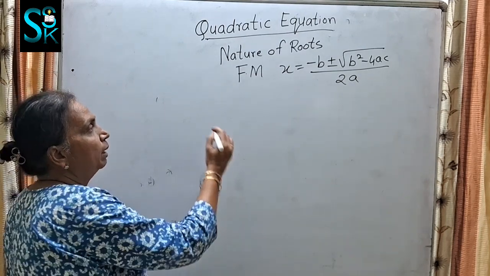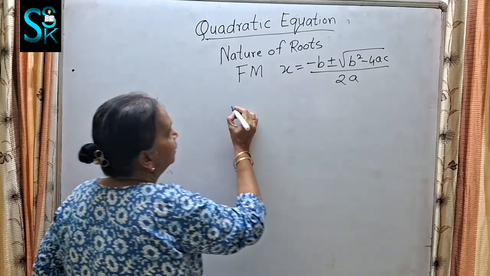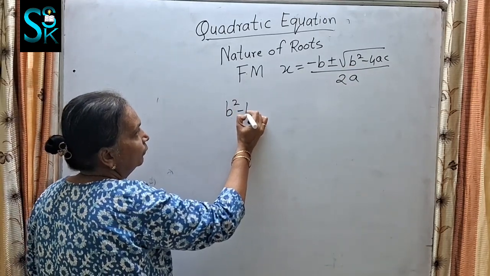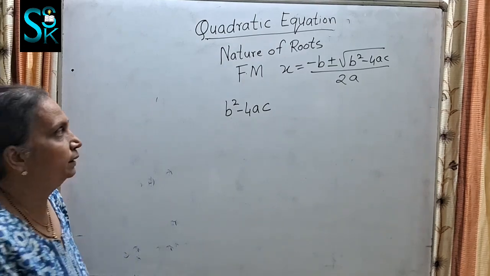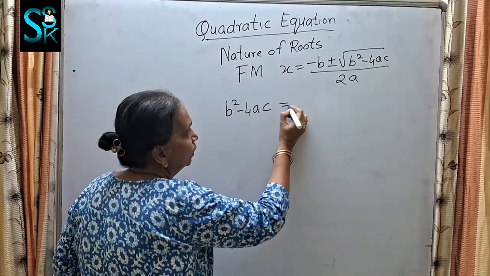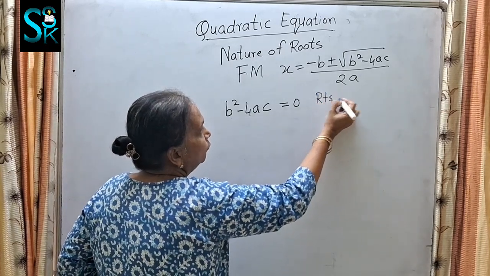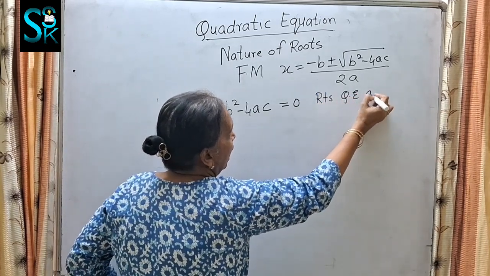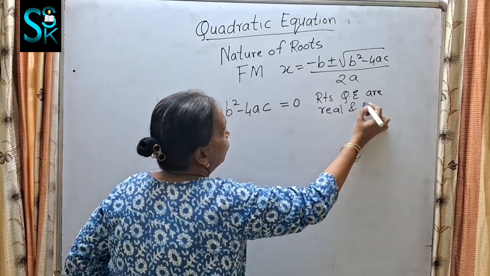Now to determine the nature of roots, what is required is just to find this b square minus 4ac, which is also called the discriminant or delta. So if it is equal to 0, then we say the roots of the quadratic equation are real and equal.